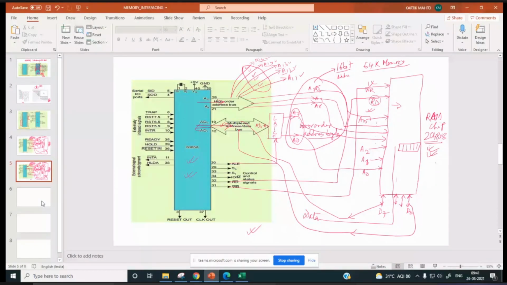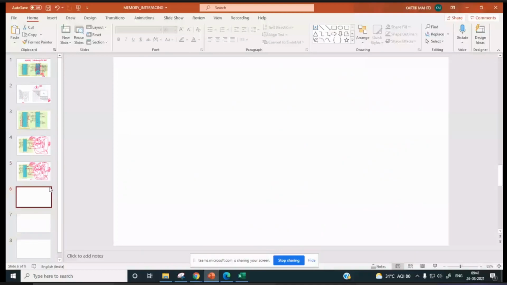Okay, next I'm coming to this. I'm drawing now these diagram separately. Suppose this is 8085. Here it is sending A8 to A15, and the address bus AD0 to AD7 over here.